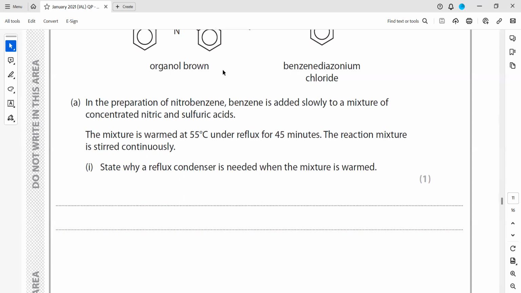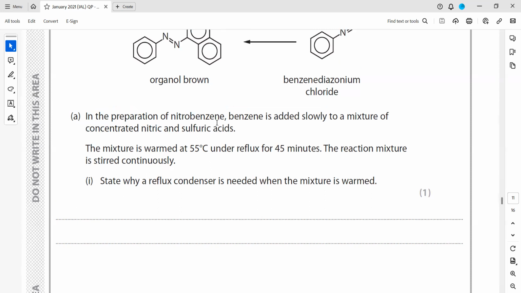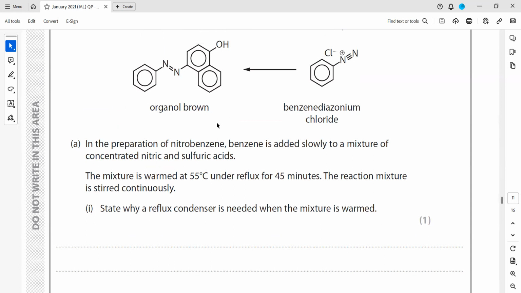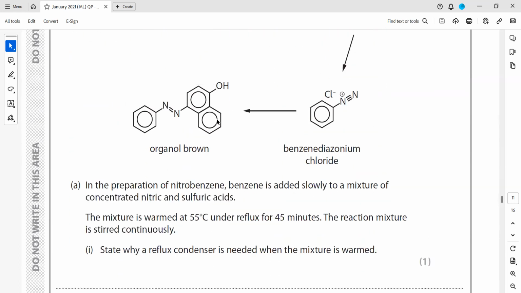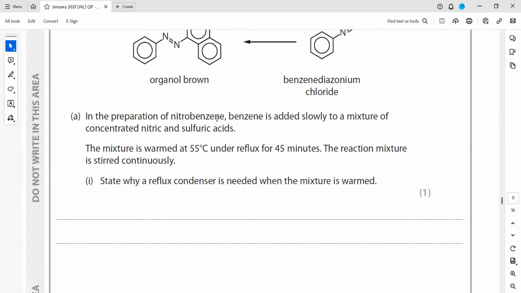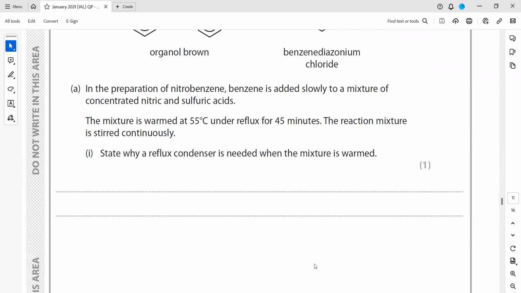State the reflux: the mixture is warmed at 55 under reflux for 45 minutes, and the reaction mixture is stirred thoroughly. What is the reason for this practice?